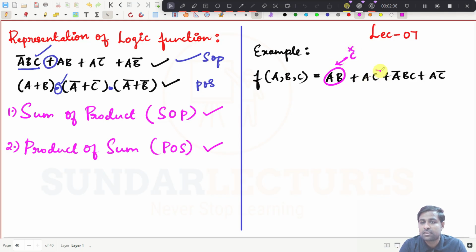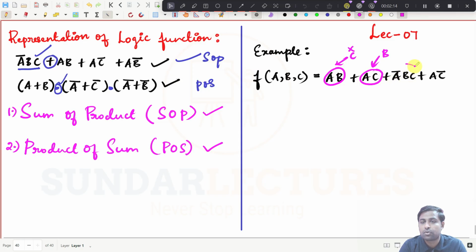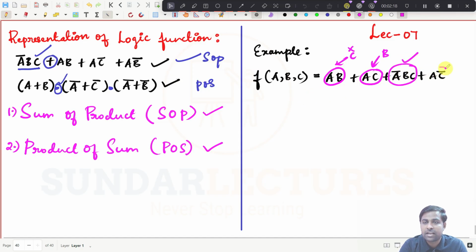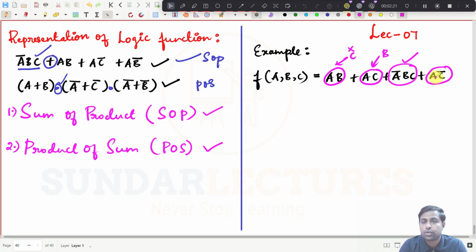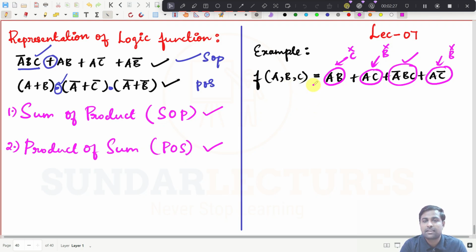As well as this one, only AC is here, you don't have B here. And you have all three terms here. So this one is not an issue, this one is correct. And this one also, you don't have B, again you don't have B, right? So what is the problem here? This particular Boolean expression is not in canonical form, or we generally call it standard form, right?